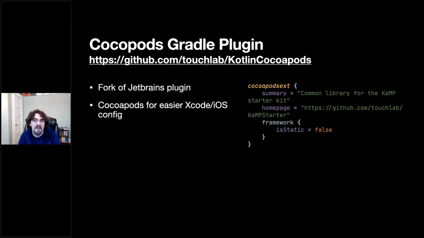So one of the things that we wanted as we were building up CampKit was the ability to debug things in Xcode. And to do that, you need to have a dynamic framework instead of a static framework, which the default CocoaPods plugin didn't allow for. So what we've added is the ability to specify a frameworks block within the CocoaPods extension so that whatever configuration you want to add, you can pass in there.